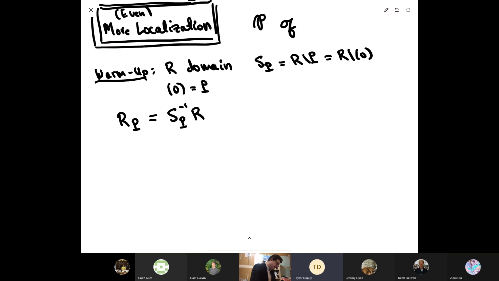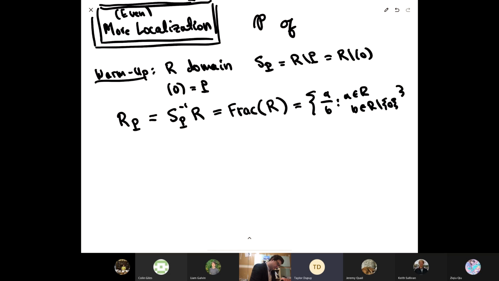So this is essentially the fraction field of R. If you localize at the 0 ideal, then you get the fraction field of R. Sometimes this prime ideal is called the generic point of Spec R.